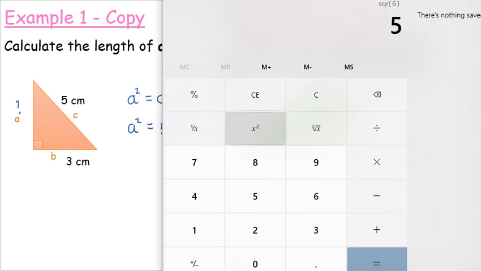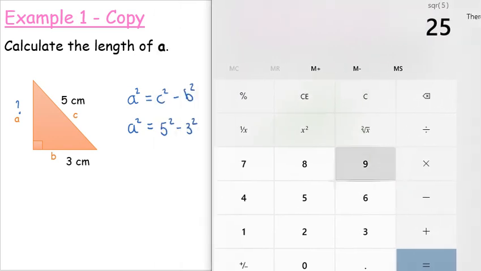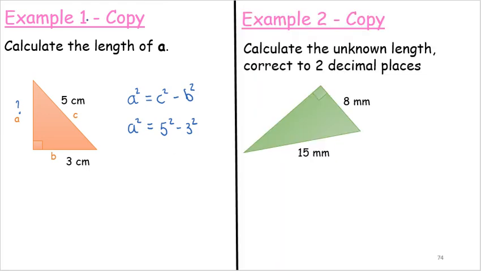So 5 squared minus 3 squared. And you see my answer comes out to be 16 when I do that. So a squared is 16. I would recommend that you try this in your calculator as well. Just make sure you get the same answer as I get here.